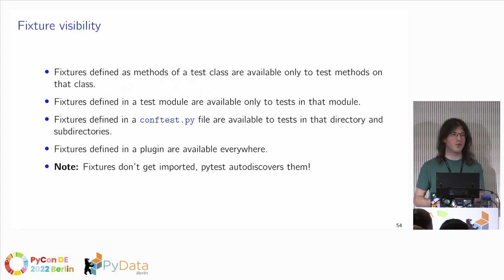It can be a good way to group related tests together and add some fixtures for them. If we define them in a test module, so in a test_something.py, it will be local to that module. And as I said, in the conftest.py, it's wherever the conftest.py file is, and then its subdirectories. Finally, if we define fixtures in a plugin, and that plugin is installed, then those are globally available.